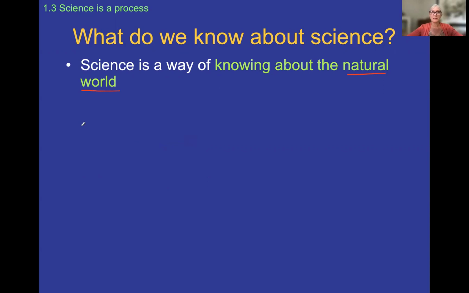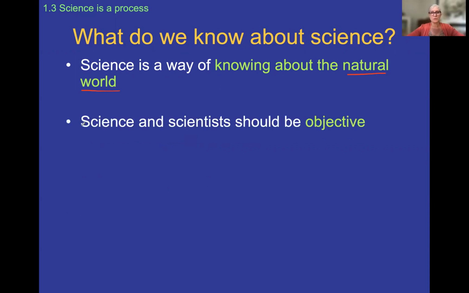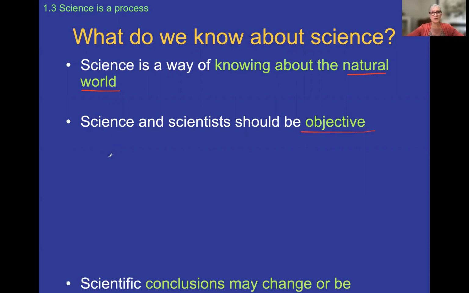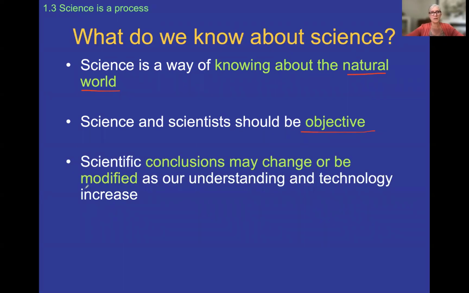So it is a process of learning about that natural world. So that's science. So understand that in order for it to be science, scientists and the process they use has to be objective. It has to end up with conclusions that may be modified based on the data that comes in.